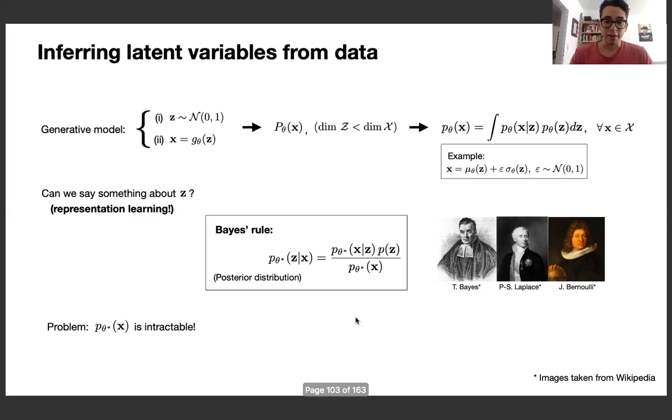The issue is that this P of theta star, once the model has been optimized, is not computable because it comes from this integral. As soon as we parameterize our likelihood with a neural network, we cannot do this integral. That means this rule cannot be directly used, so we have to come up with some ways to update that.